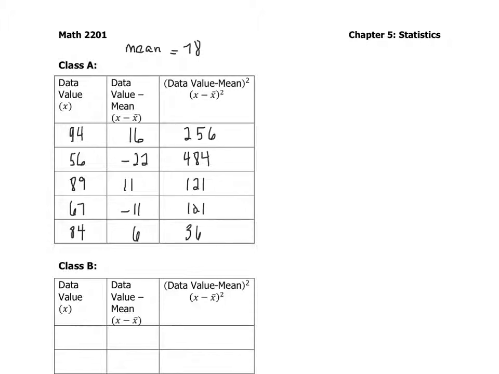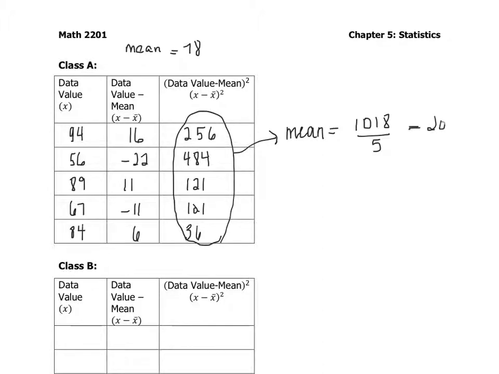So if we take this entire column now and find the mean of that column, we would add up 256 plus 484 plus 121 plus 121 plus 36, and we get 1018, divided by 5, for a mean value of the squared distances of 203.6.